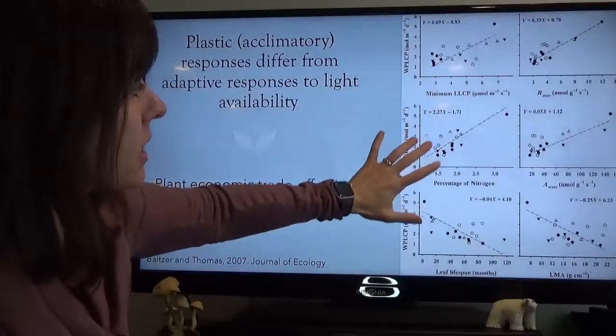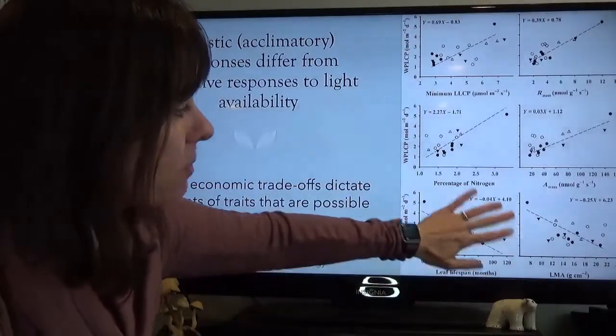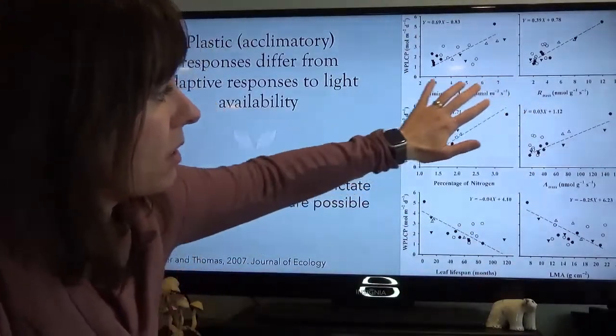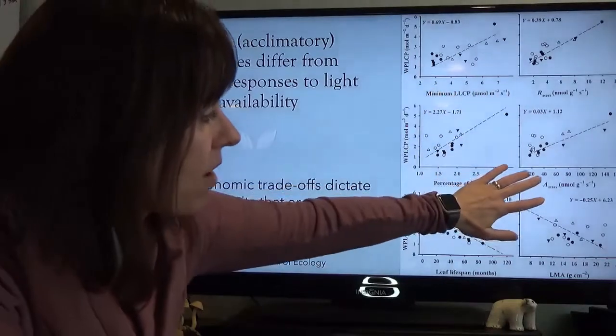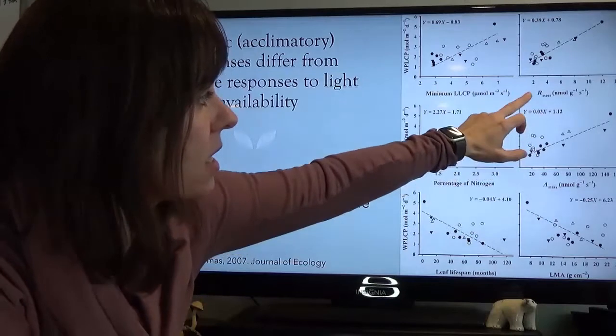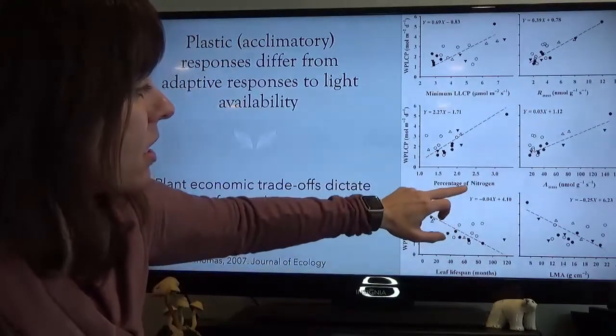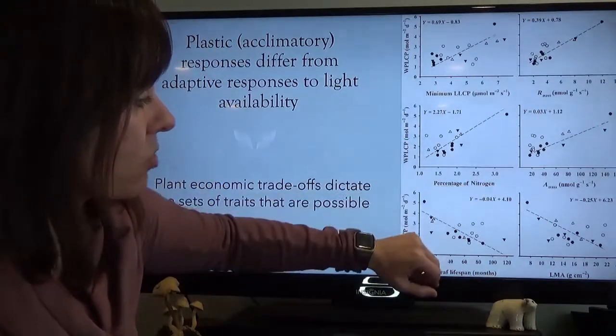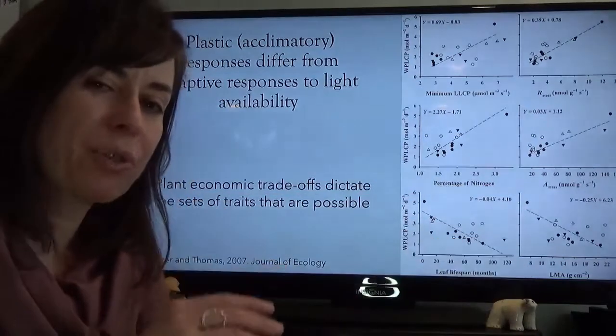And what we see is we have a whole lot of different variables here. These are all part of a leaf economic spectrum. We have photosynthetic rates, A is the depiction of photosynthetic rates, respiration rates, tissue nitrogen, so leaf nitrogen, and leaf mass per area, how thick that leaf is.